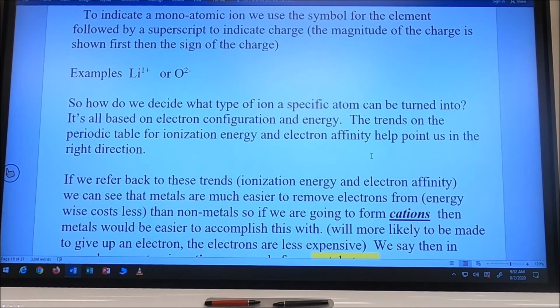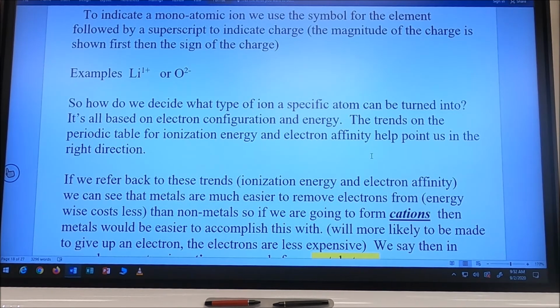Now, there are trends on the periodic table. The trends on the periodic table for ionization energy and electron affinity help point us in the right direction as to what kind of ion a specific kind of element is going to form.